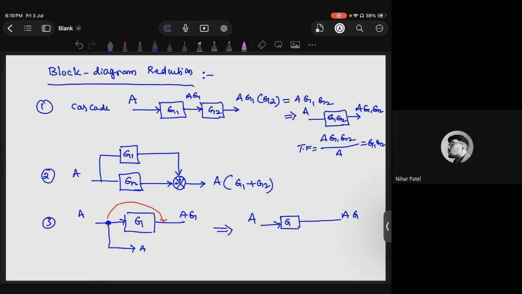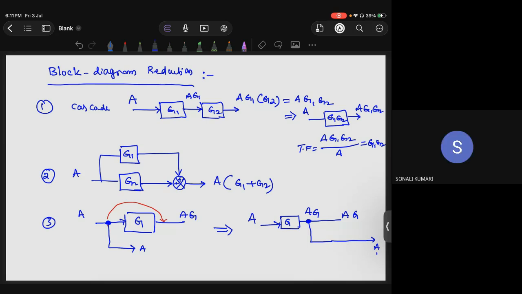Once you shift here, what is the signal I should get? I must get A, am I correct? The output should not change. But what am I getting at this point? AZ, correct? So what do I do to get A?